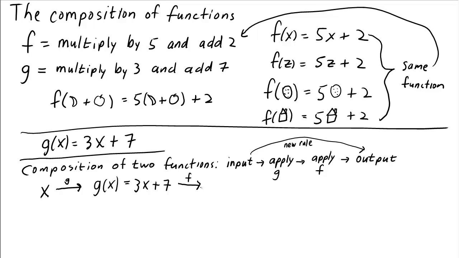The input to f is going to be g of x, or 3x plus 7. What we're going to do is take the 3x plus 7 and then apply the f rule. We're going to multiply by 5 and then add 2. How we write this is f and then the quantity that we need to multiply by 5 and add 2 to. And that quantity is 3x plus 7.